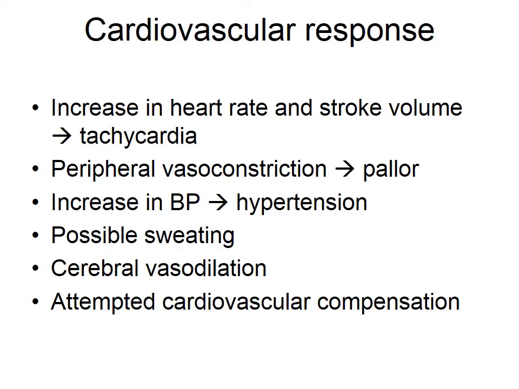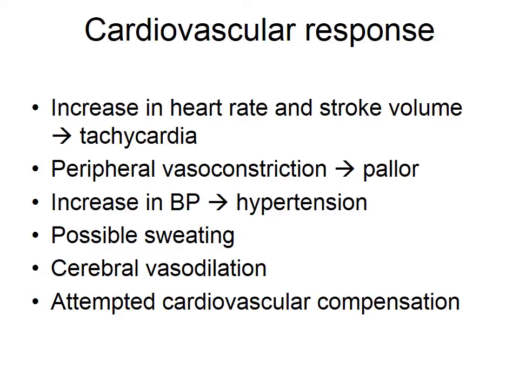The increase in heart rate and the peripheral vasoconstriction will together generate hypertension, because you might remember that blood pressure is cardiac output multiplied by peripheral resistance. And what this means is that the blood that is present, the red cells in that blood, are circulating twice as quickly, or certainly circulating more quickly than they would be normally because of the increased cardiac output.